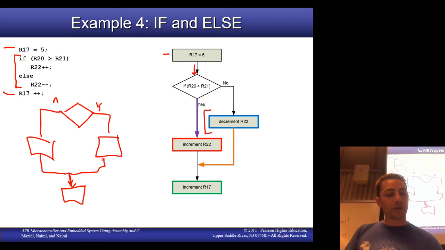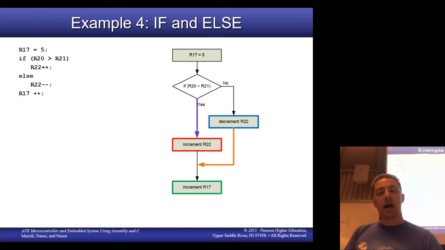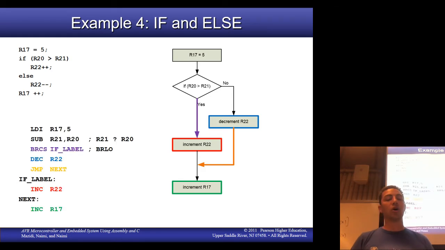So my code that I'm going to write for this, notice I've colored a few things. I've got a purple line, a blue box, a red box, an orange line, a green box. Those are all going to correspond to this code. So here, I say subtract R21 from R20, which means I'm comparing R21 to R20.